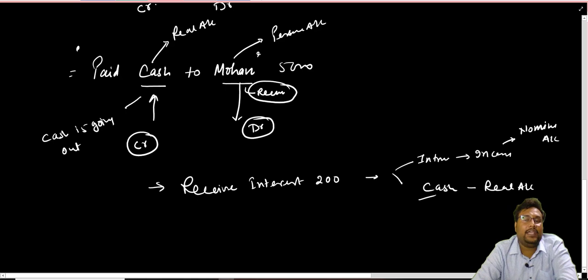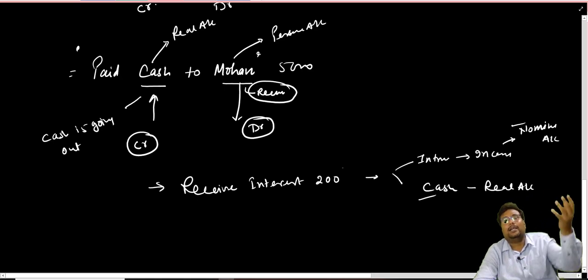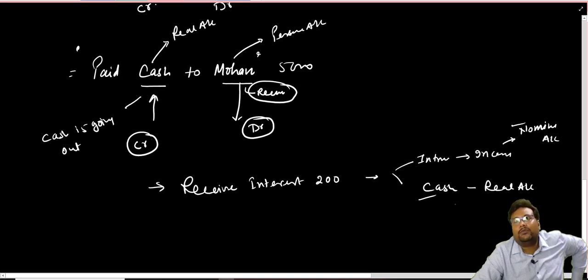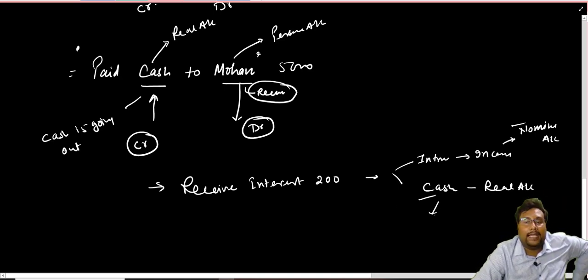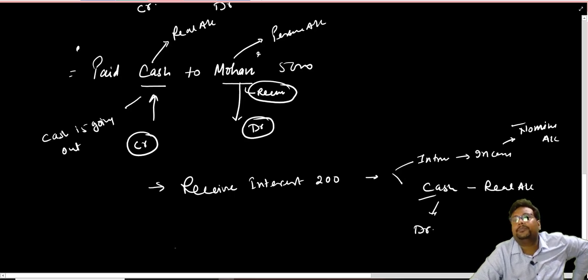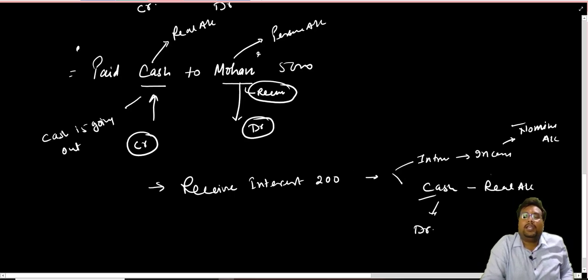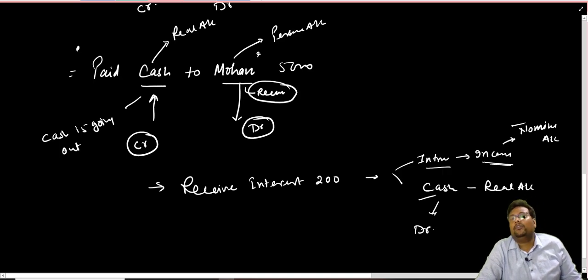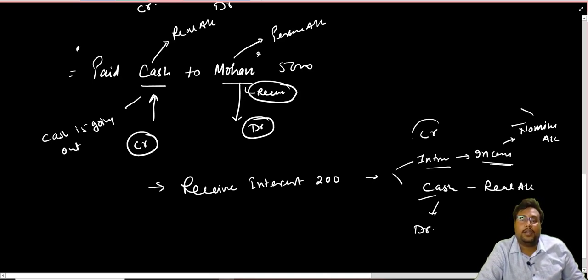So for cash we have to implement the rule of real account, and for interest the rule of nominal account. Cash is coming in, so real account says debit what's coming. So cash will be debit. And interest is income, and for income, the nominal account rule is that all incomes are credit. So interest will be credit and cash will be debit.